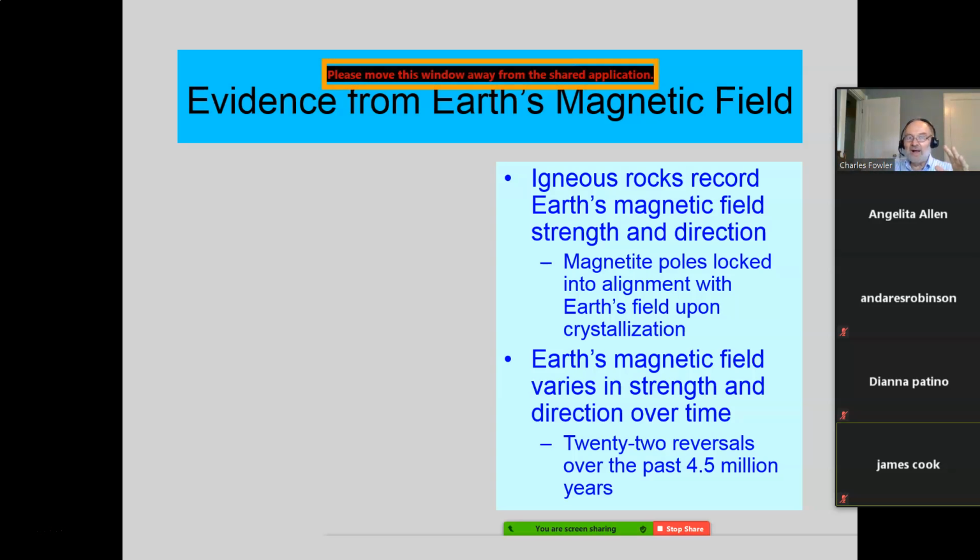Igneous rocks, that's rocks that were made out of magma that hardened, record the Earth's magnetic field strength and direction. And here's why. If you have volcanic activity happening, now, here's a couple of assumptions here, and I cannot begin to explain these assumptions. I just know they're true because they've been measured.